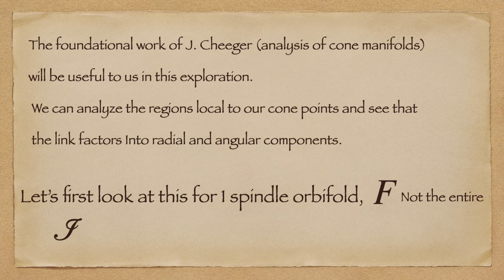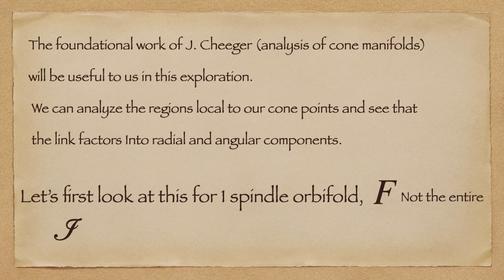The foundational work of J. Cheeger on the analysis of cone manifolds will be useful for us here. We can analyze the regions local to the cone points and see that this notion of a link factors into radial and angular components. So the link defines the spectral content of what we're going to analyze here.